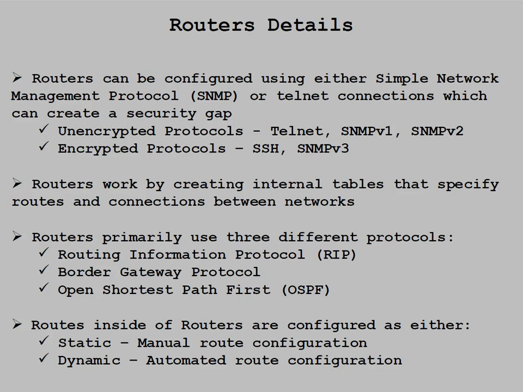Routers create these internal tables that are called CAM tables. Off the top of my head, I can't remember what that stands for, but in the CAM table, it actually shows all the routing of what has been built in that router. So if we want to route traffic from one node to another node, that would be in the router for a quick lookup, so it doesn't have to look up every time where it needs to send this.